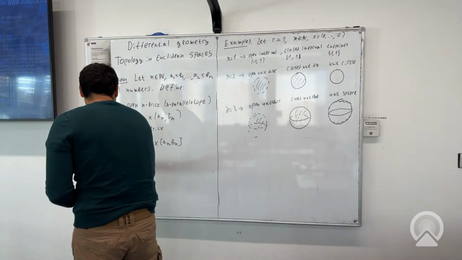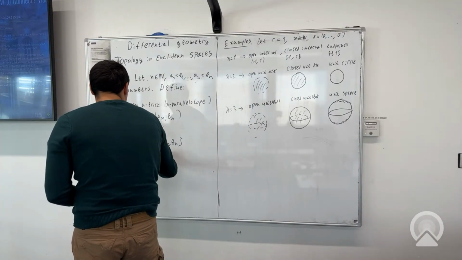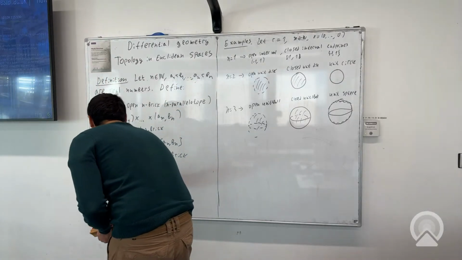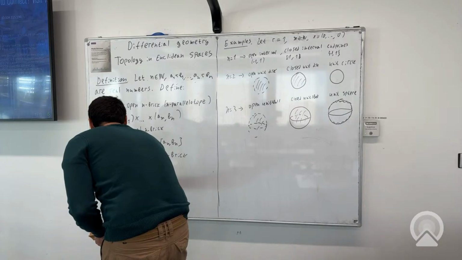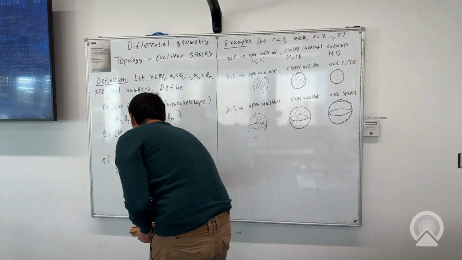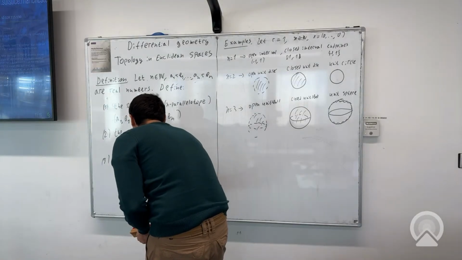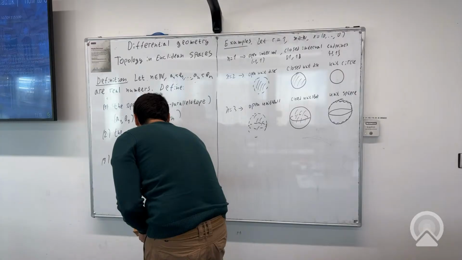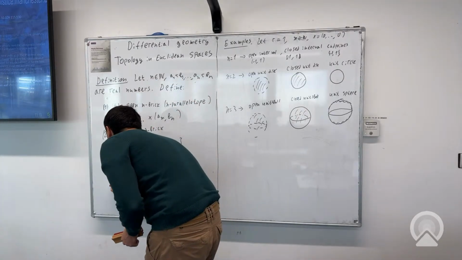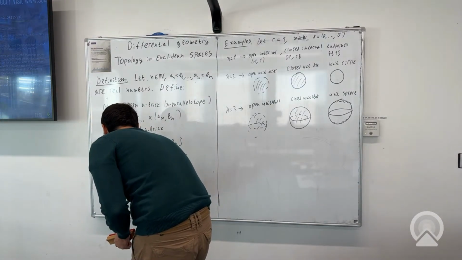The boundary of an n-brick: we take the boundary of the first part and take the product with the rest, then unite with the boundary of the second part.